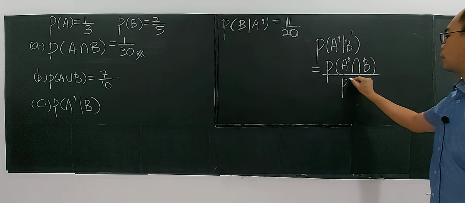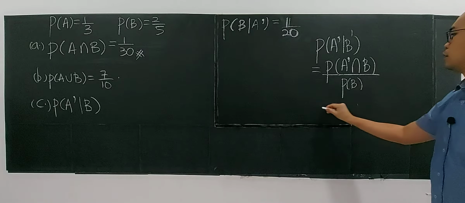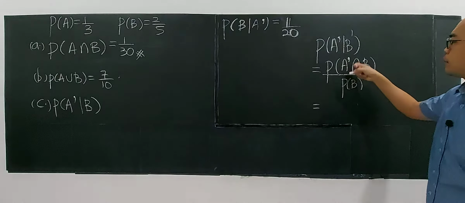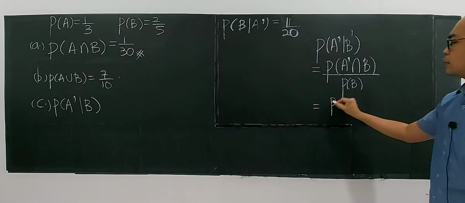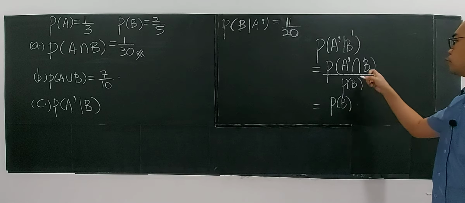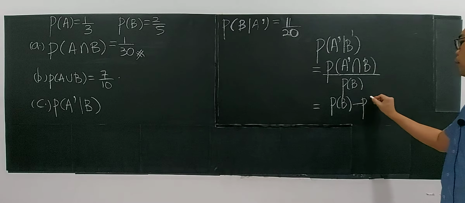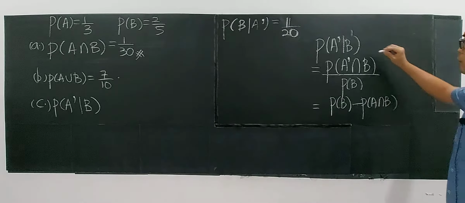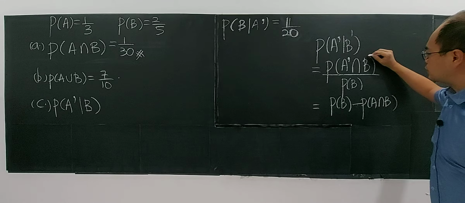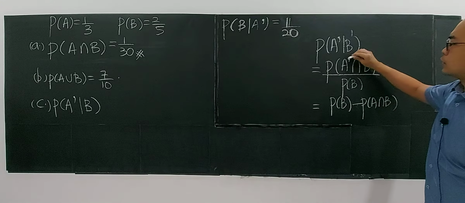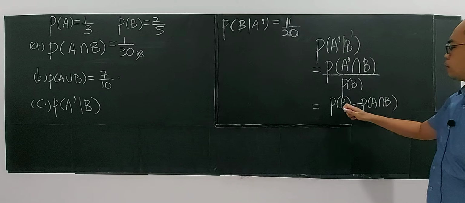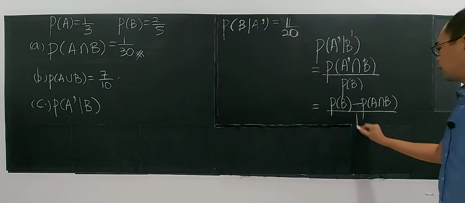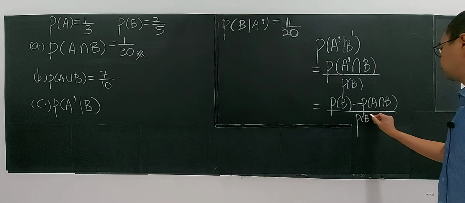A prime intersect B is the same as probability of B minus probability of A intersect B. If this were B prime, without the prime, we know it's P(A) minus P(A intersect B), divided by the probability of B.